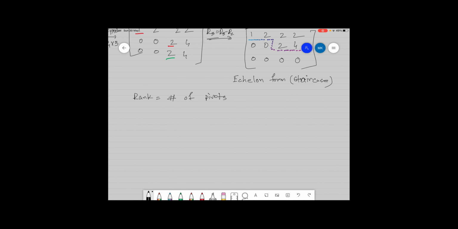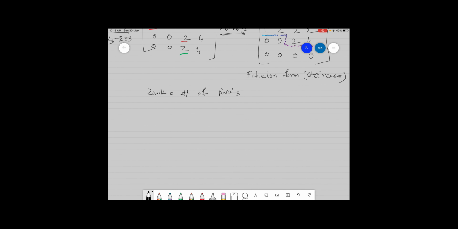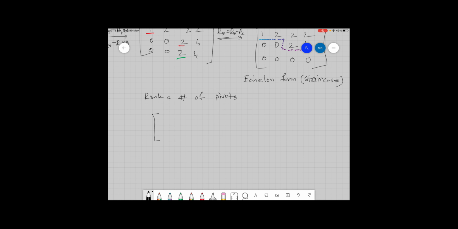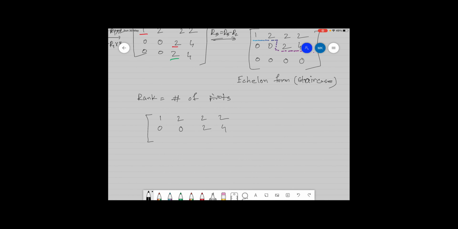So the matrix from the echelon form is basically 1 2 2 2, 0 0 2 4, and then all zeros. So we have two pivots, this one and this one. So the first and the third columns are basically the pivot columns.